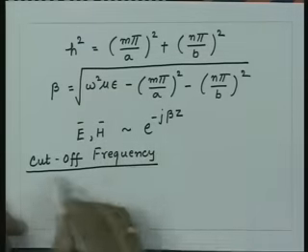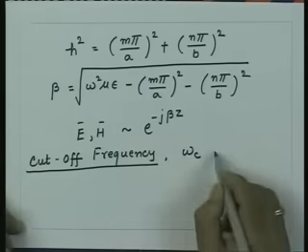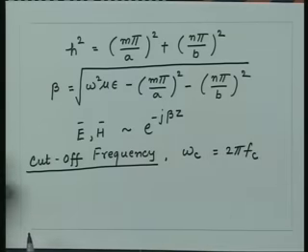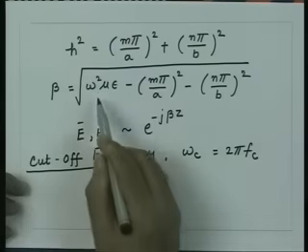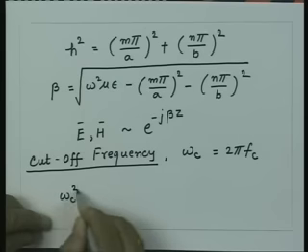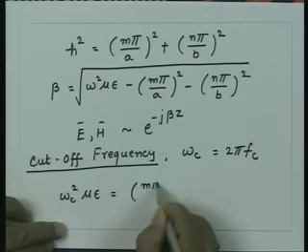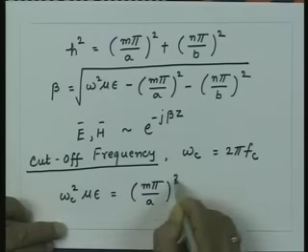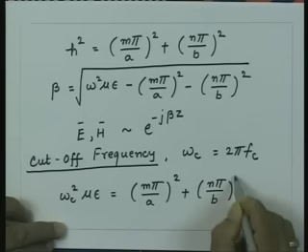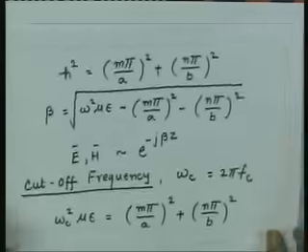Let us say this cutoff frequency is given by omega c, angular frequency, or 2 pi into the cutoff frequency f c. By substituting this omega c, essentially I get omega c square mu epsilon equal to (m pi by A) whole square plus (n pi by B) whole square. I can write this explicitly for the frequency.